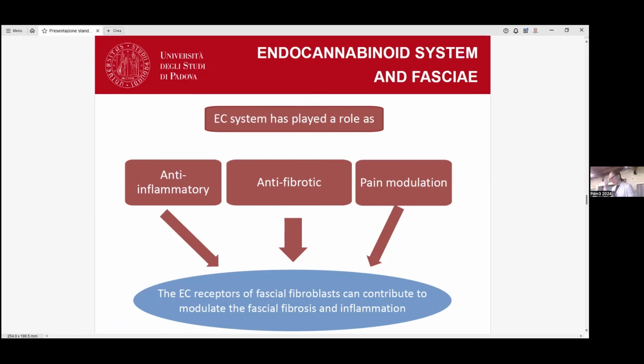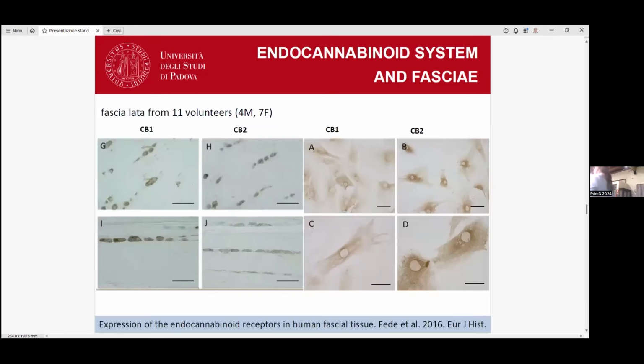Another aspect that we need to consider is the possibility to stimulate the production of hyaluronan. We were curious about the endocannabinoid system because we were able to find the receptors of the endocannabinoid system in our fascia.